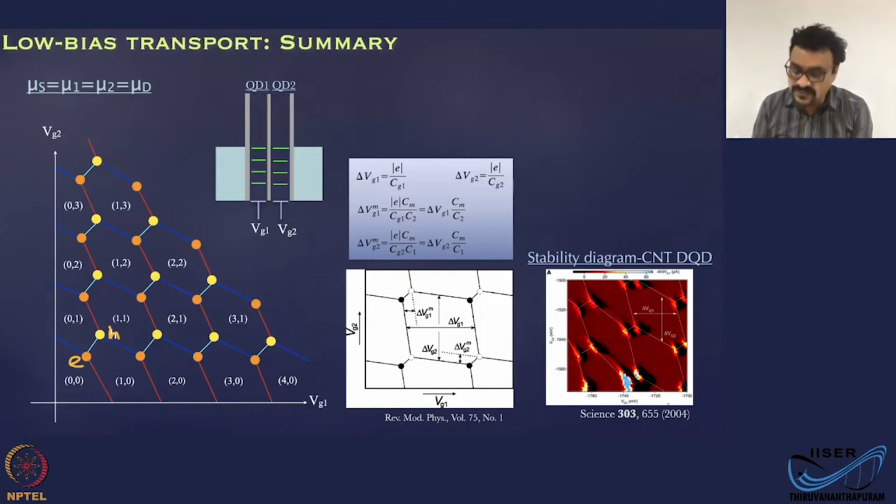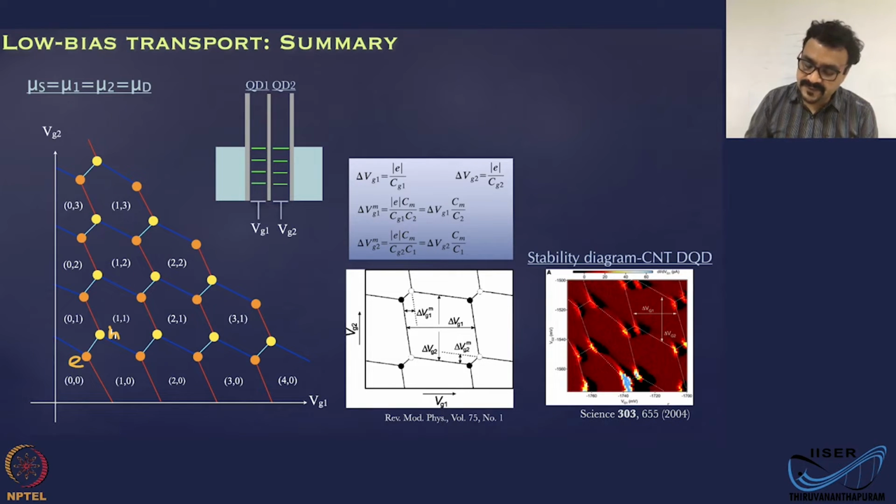When you cross any of these lines, the charge configuration changes, but there is no transport there. For example, along this boundary 3 0 and 3 1 are degenerate. Similarly, along this boundary 1 0 and 2 0 are degenerate, and across this boundary 1 1 and 2 0 are degenerate, and so on.